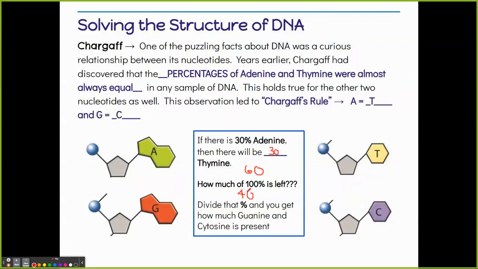And here's the thing, guys: I know I have to split that 40 between guanine and cytosine because there's only 4 nitrogen bases. So as long as you know one, you know the rest of them. Does that make sense? Yes, no, maybe, questions? Awesome.